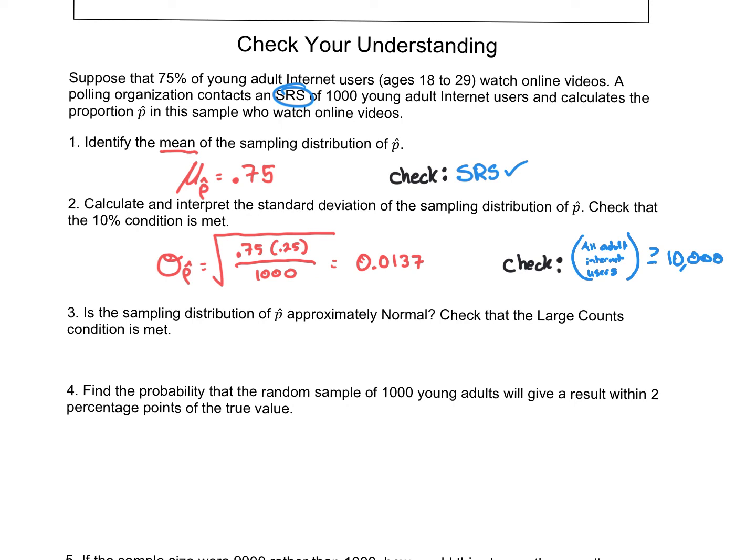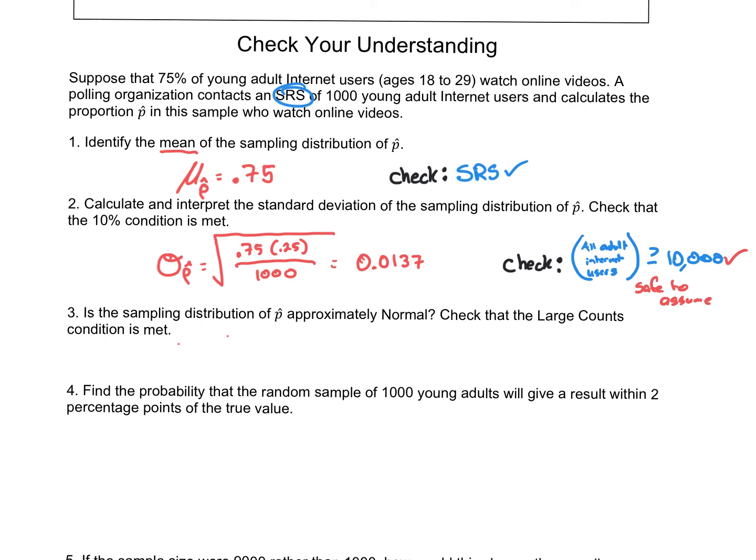Now here's the deal, because I'm taking 1,000 times 10, I don't know what we're talking about. Are we talking about the state of Oregon? The United States? The world? Who knows? So we're going to put a little check mark here, and I'm going to write the words safe to assume, just to make sure that you know I'm assuming that there are more than 10,000 adult internet users out there, which seems pretty good.